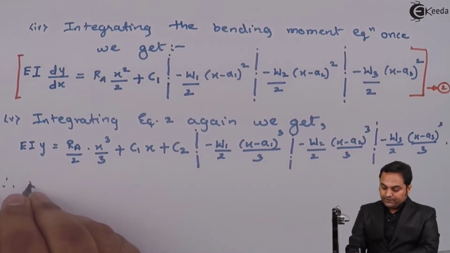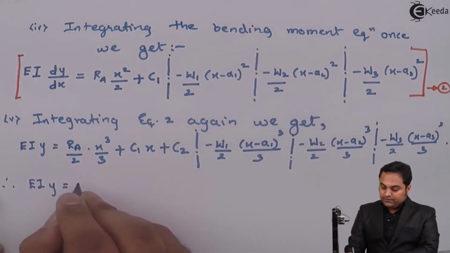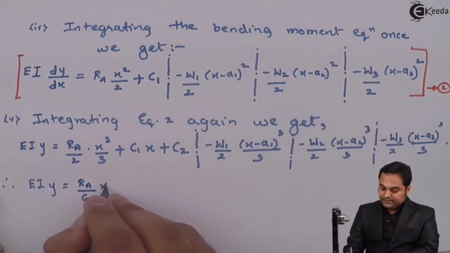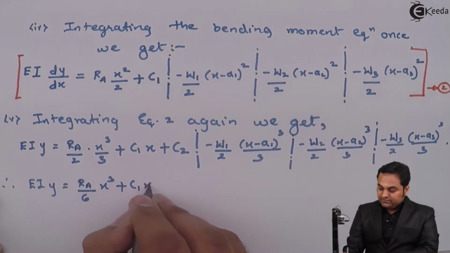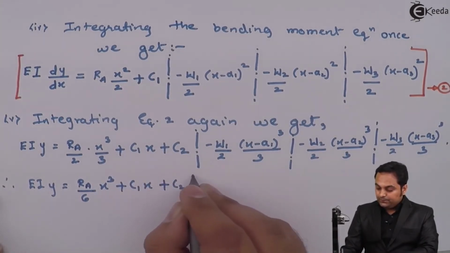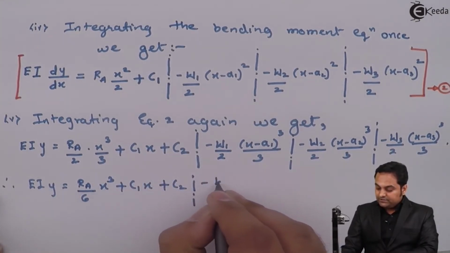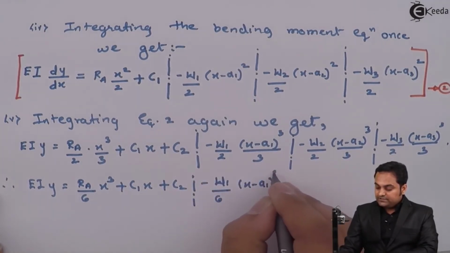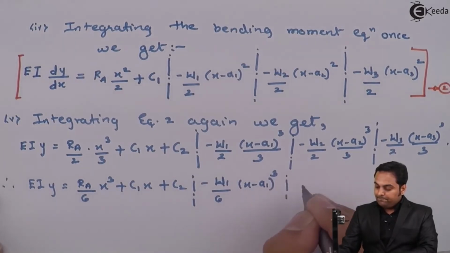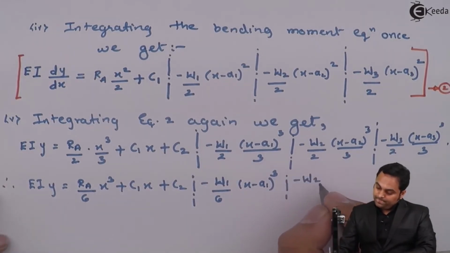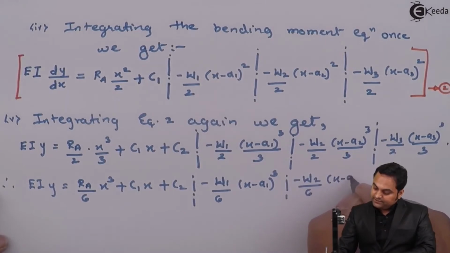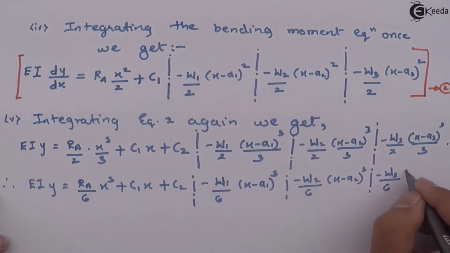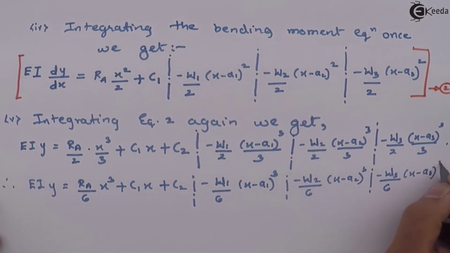So therefore EI into y is equal to Ra, 2 into 3 that becomes 6, x cube plus c1 x plus c2, minus w1 upon 6 x minus a1 whole cube, similarly plus w2 by 6 x minus a2 whole cube, minus w3 by 6 x minus a3 whole cube.